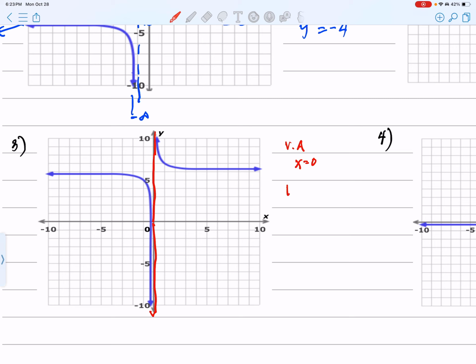For the horizontal asymptote, okay, we can find the horizontal asymptote as it touches the curve but never intersects the curve. This line.